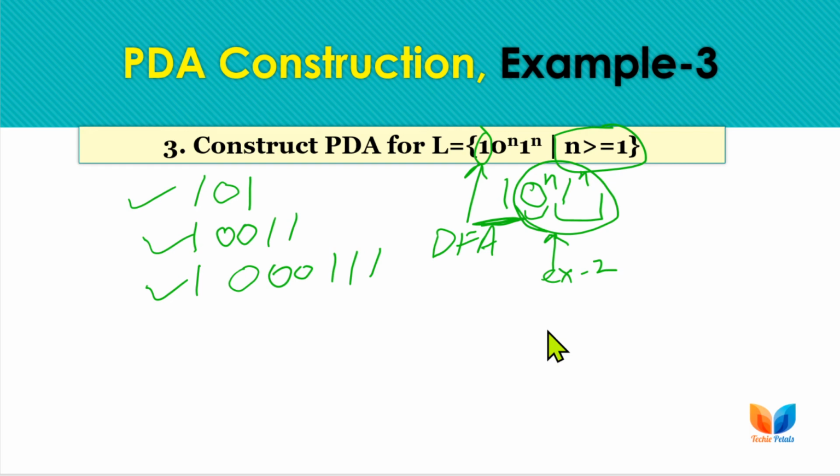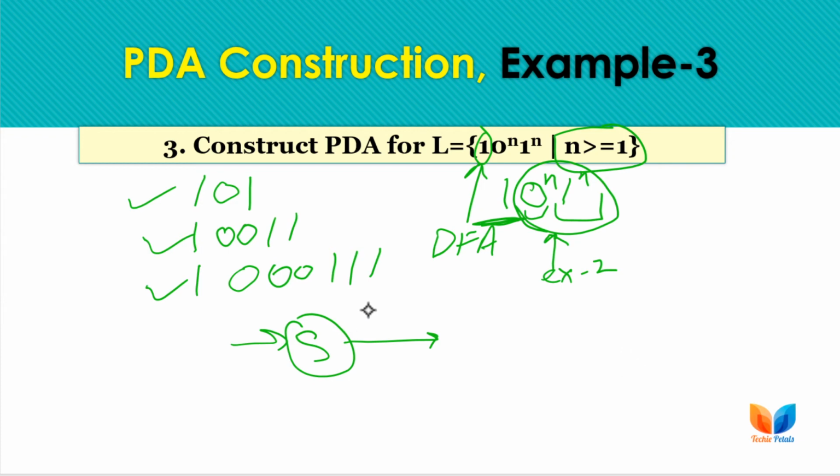So from the initial state S, we just need to keep track that we have received this 1, and after that we can start with the same question that we did in the previous example.